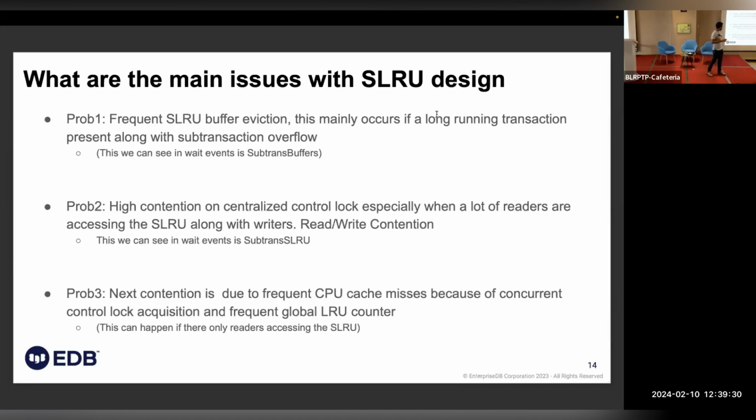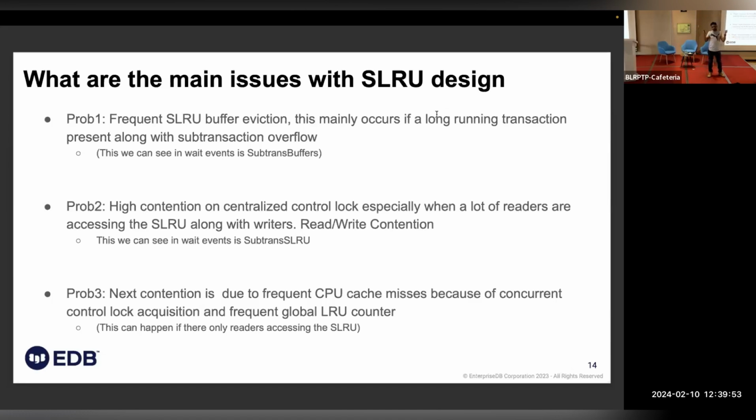The second problem: even when the long-running transaction is not there, we have seen performance drop almost by half. And that is not because of frequent eviction, because in general the XID range you are accessing is not very big if there is no long-running transaction. Even though you access a short range of transaction IDs, mostly you will find those XIDs in the cache.